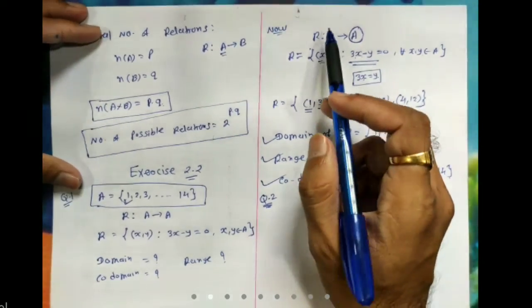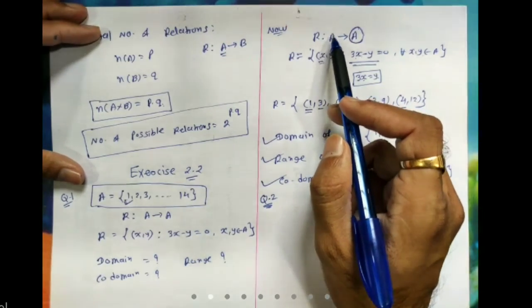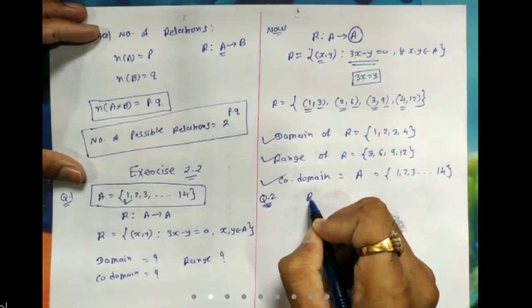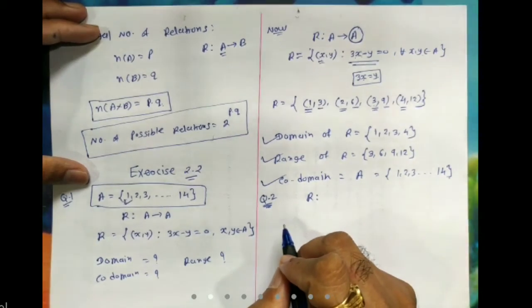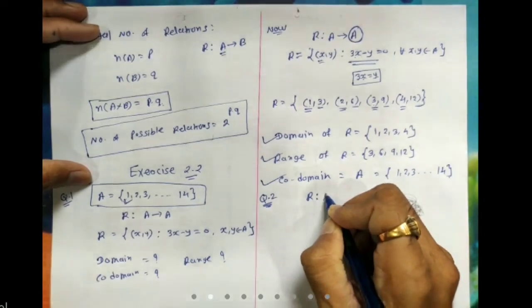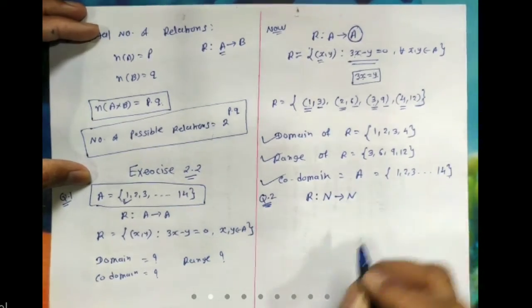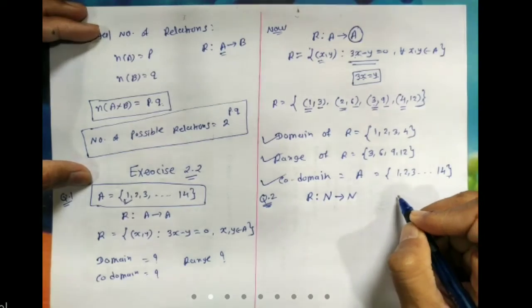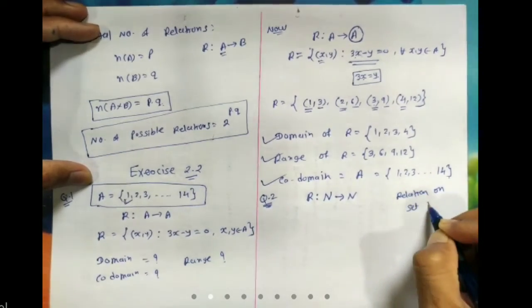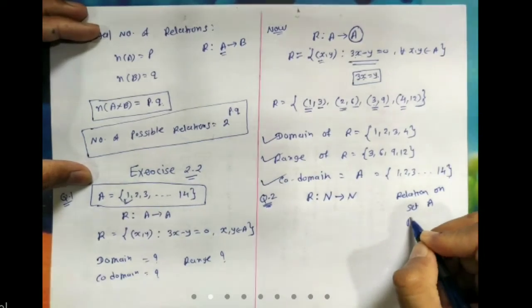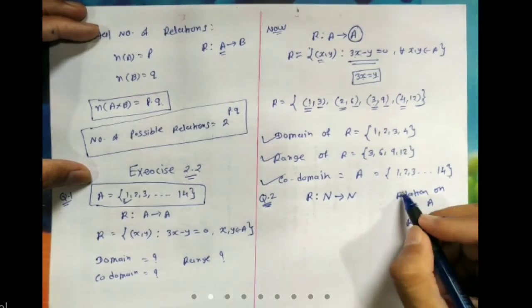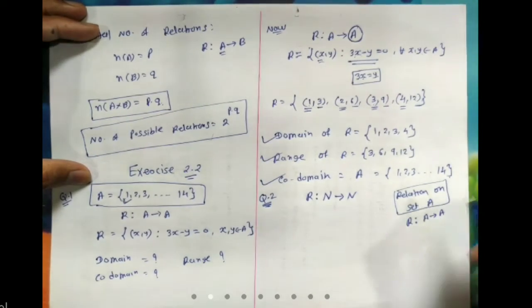Relation on set A means relation R from set A to set A, the relation of set A with set A.